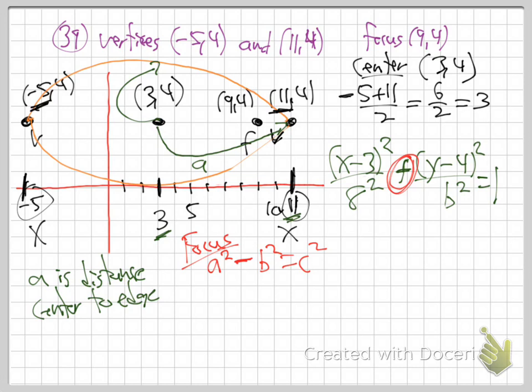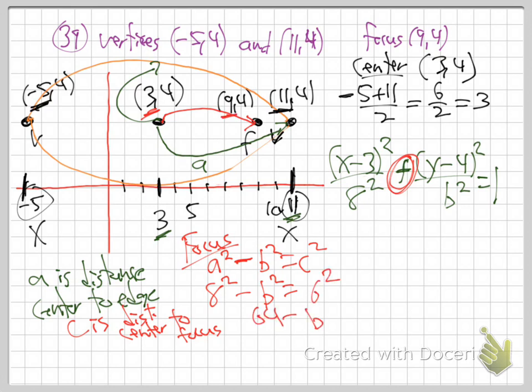So that's right. A squared minus b squared equals c squared. Plug in A. You know A is 8. We don't know B. What's C? C is distance center to focus. How far from the center to the focus? How far from 3 to 9? 6.